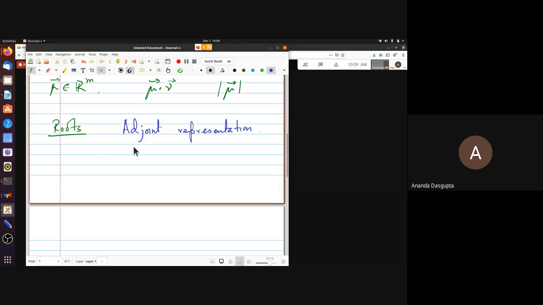After all, every representation, remember, has to have a vector space on which the elements will act. And every Lie algebra carries with itself a vector space. It's the vector space itself, right? Remember, any Lie algebra is already a vector space.